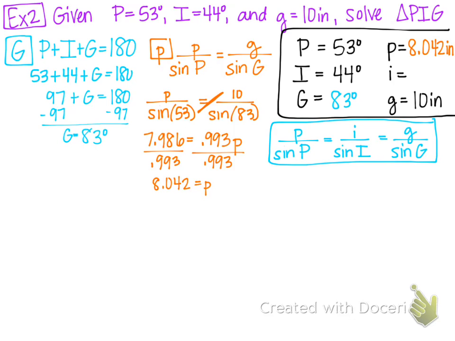All right, and the last thing we have to find is little i. So let's find little i. We have to use the part of the law of sines where we have i's. And then it doesn't matter if we use p's or g's. So I'm just going to use p's.